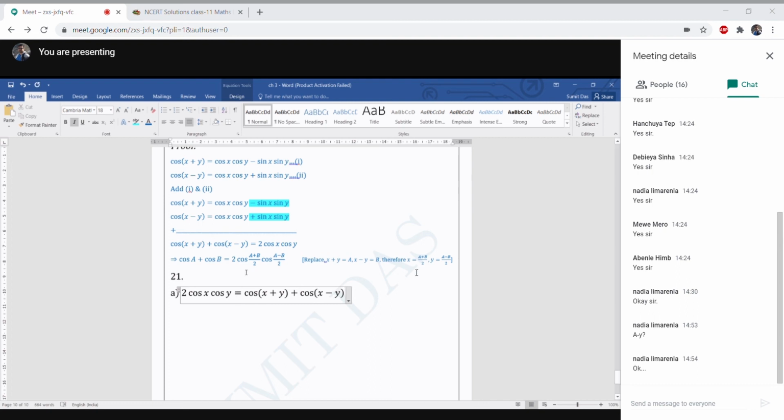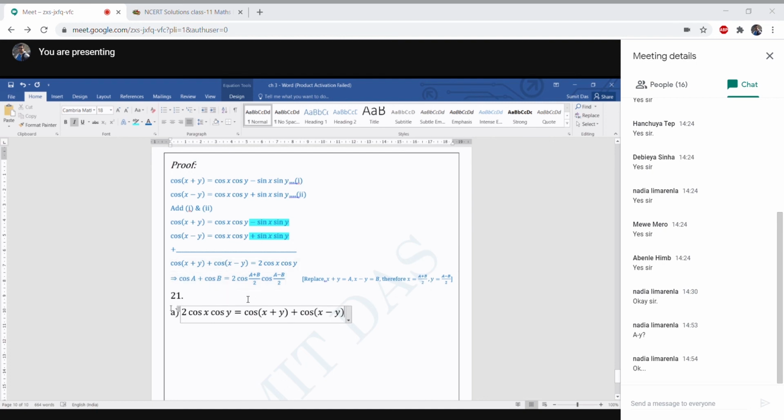This one we already proved here. Look, we already proved this formula here, right? So if you need to prove it, just add from this. Understood?